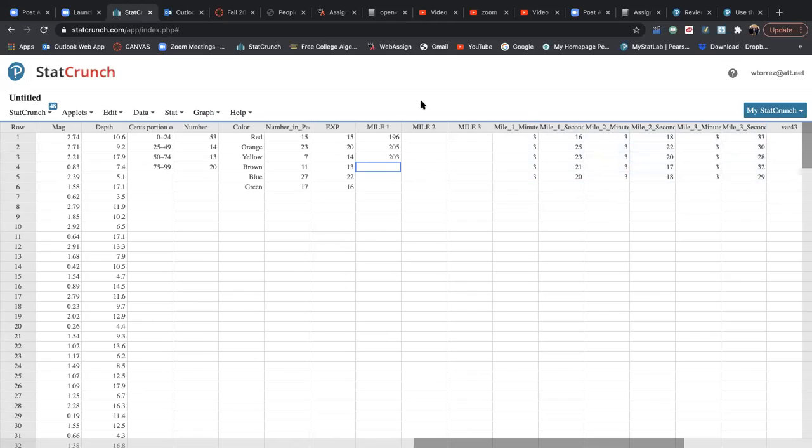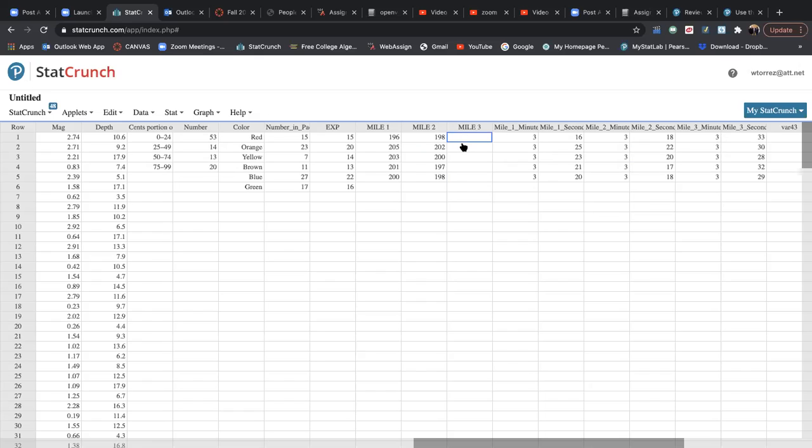Okay, so our next value for mile 1 is 201. And the last value is 200. For mile 2, the 5 data values are 198, 202, 200, 197, and 198.